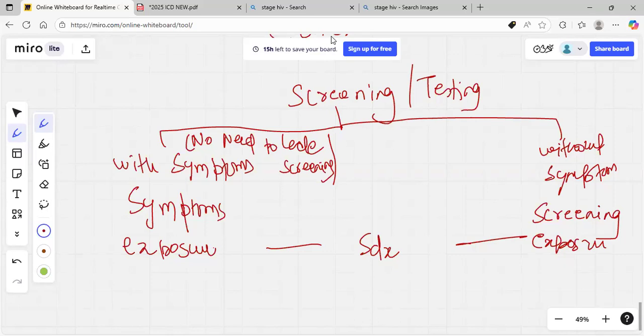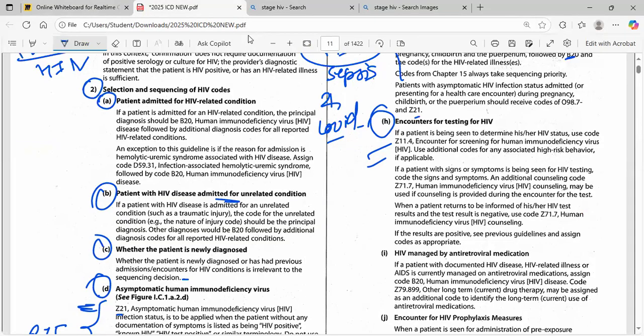If the patient is coming with the symptoms, then it will be considered as a disease management and you have symptoms as a primary diagnosis and exposure as a secondary diagnosis. And if the patient is coming without symptoms, then only you have to put screening as a primary diagnosis.